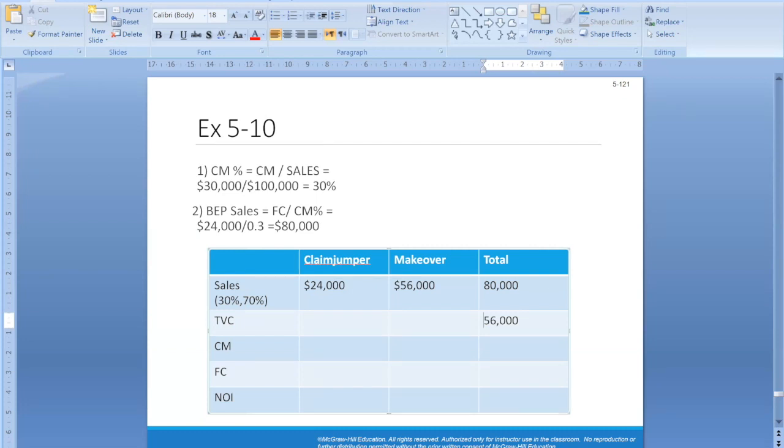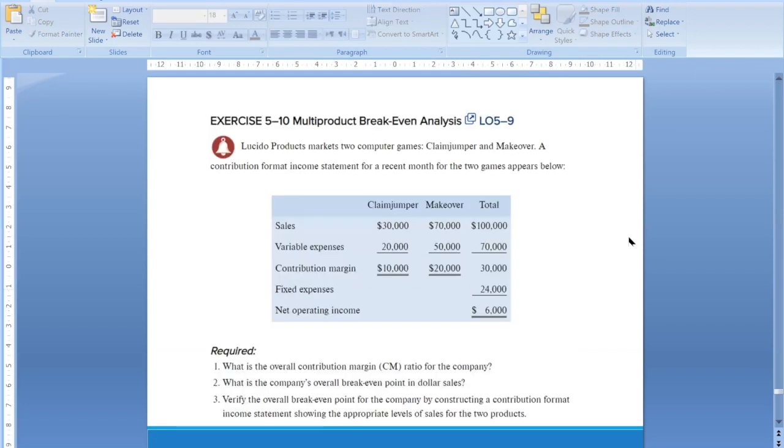But here, the 56,000 will be distributed between the two products according to the percentage that we already have for the variable expenses. Go back to the question. We do have 20,000 for the first product, 50,000 for the second product. The total is 70,000.